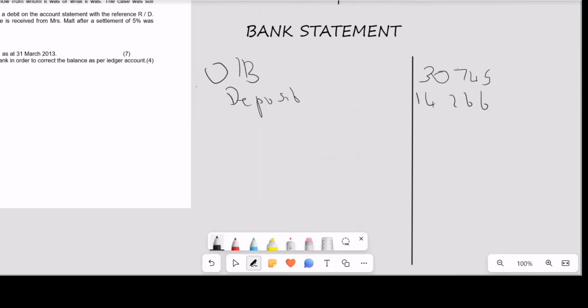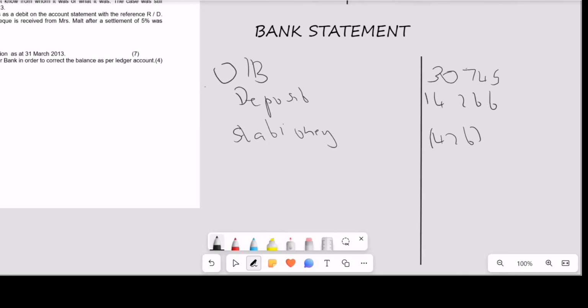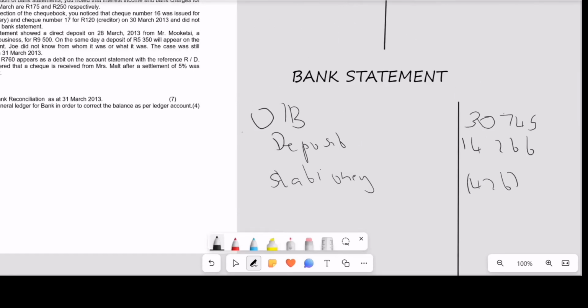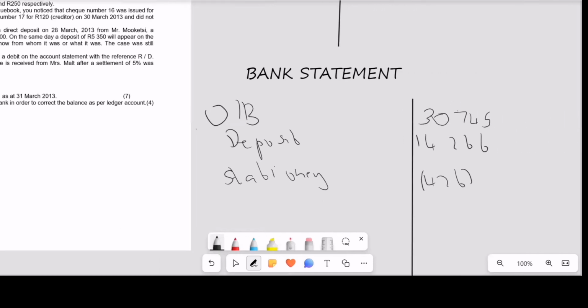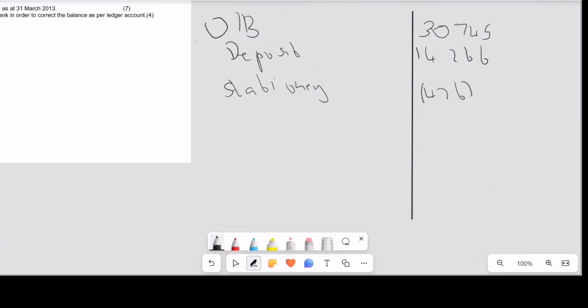It's stationery 426. And remember, since this is a payment, we're going to have to deduct it. Then we also include the other amount for check 17, which was 120, which we paid to one of our creditors. So we'll also have to include it here. So it's creditor.